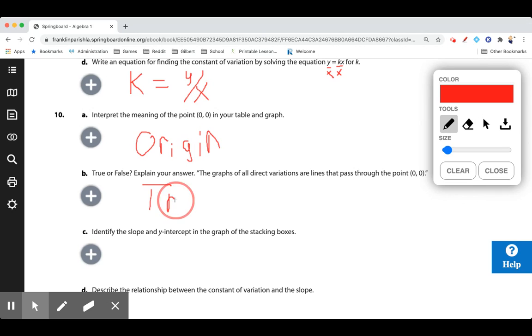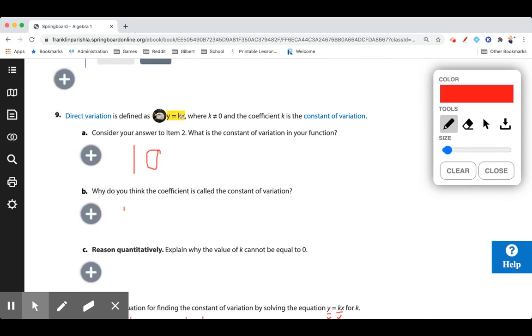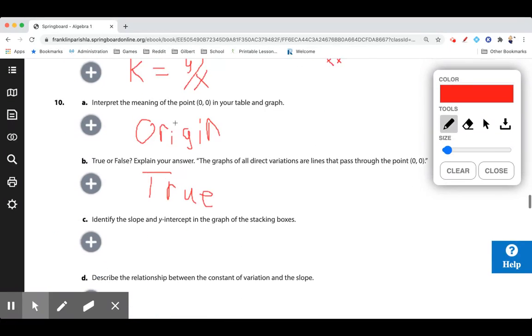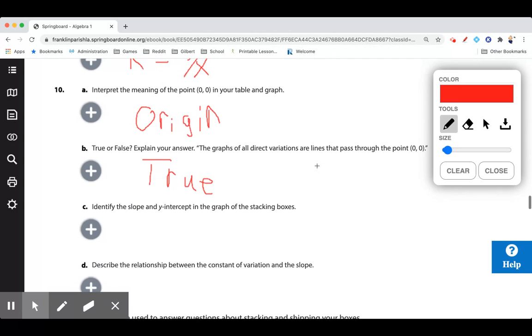If this is the definition of direct variation, y equals kx, then all of them, whenever you put 0 for x, will have 0 for y. That'll be all of them. So the graphs of all direct variations are always going to pass through that point.